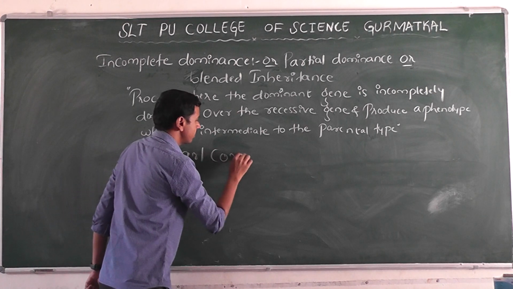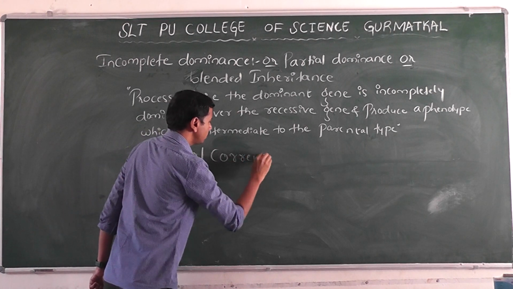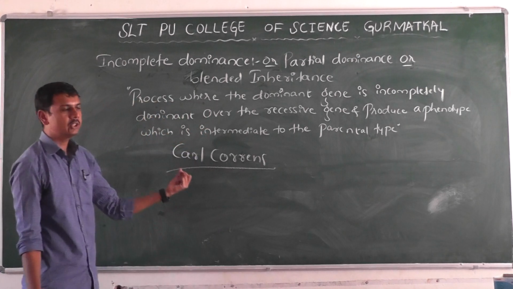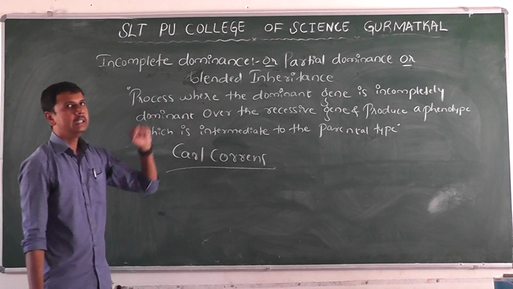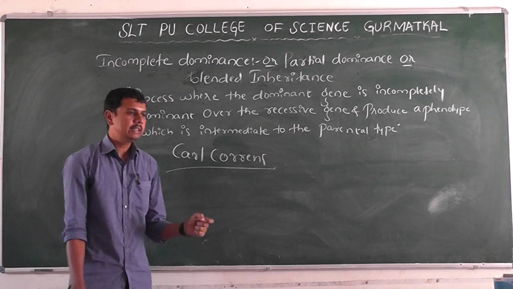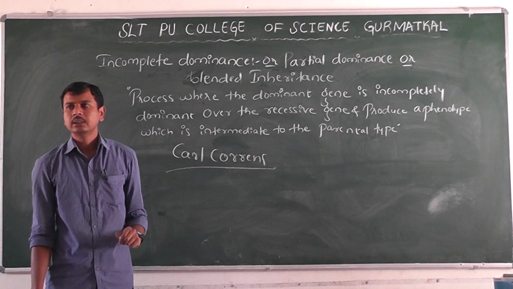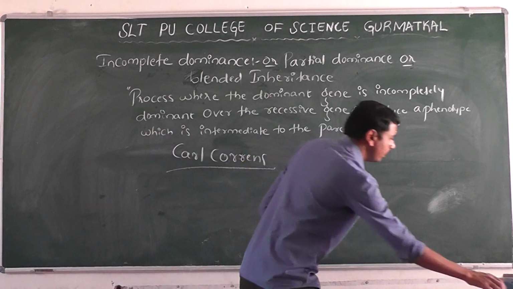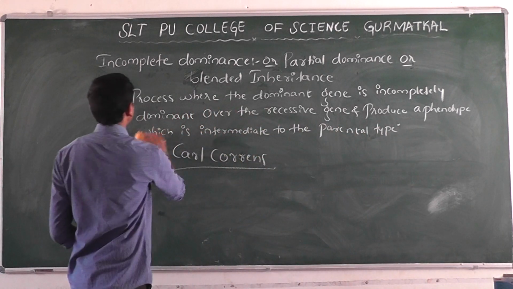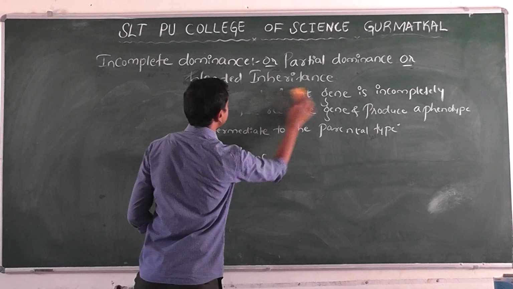In the case of incomplete dominance, Carl Correns, the scientist and botanist, gave the concept. He said that the dominant gene fails to dominate the recessive, so in the F1 generation we get an intermediate color.